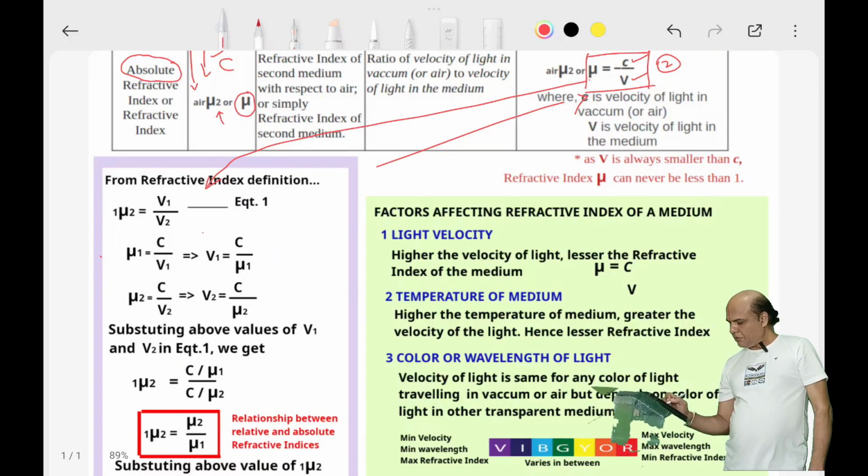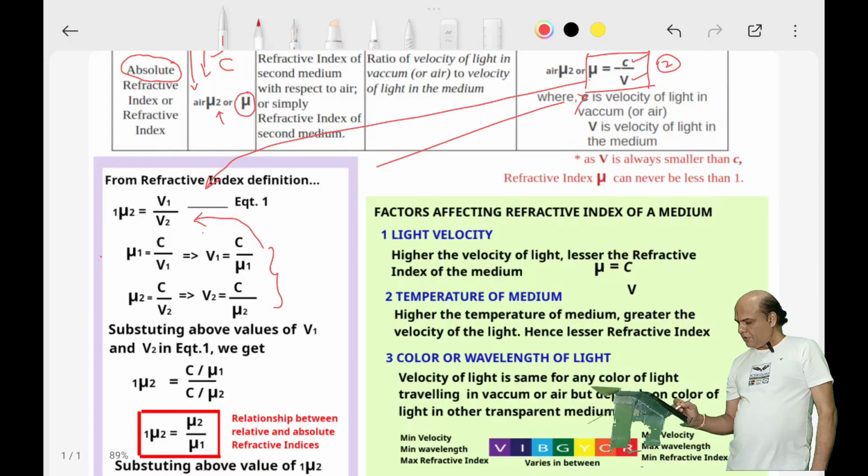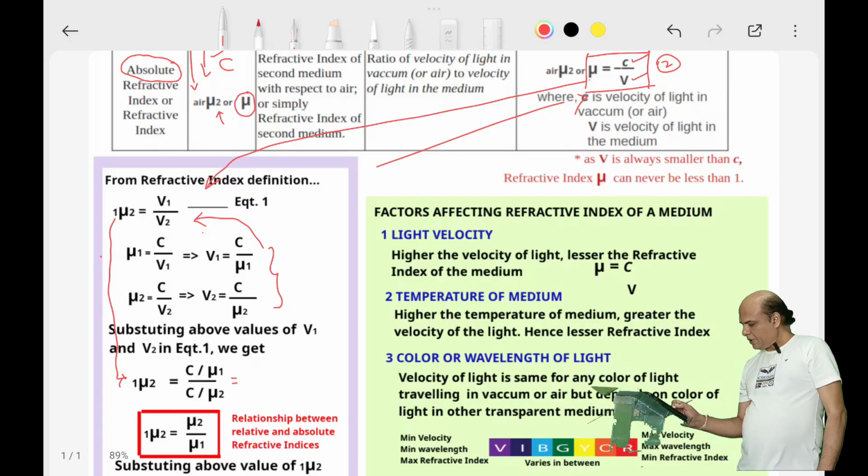If I substitute these two values in this expression, mu 2 to 1, the refractive index of the second medium with respect to 1, can be rewritten as c by mu1 into mu2 by c. So c and c get cancelled, and mu21 will be equal to mu2 by mu1.